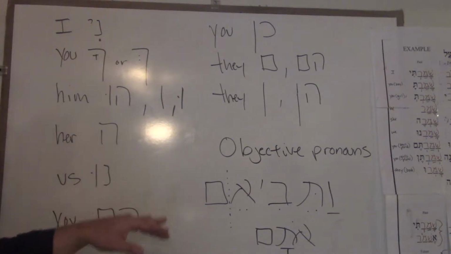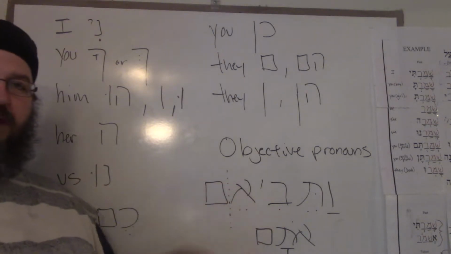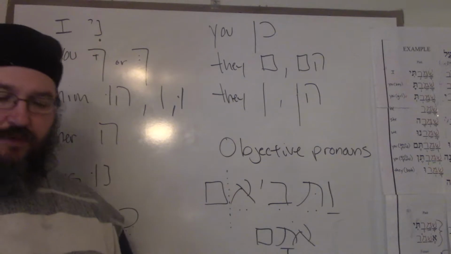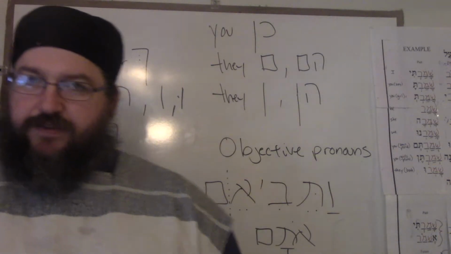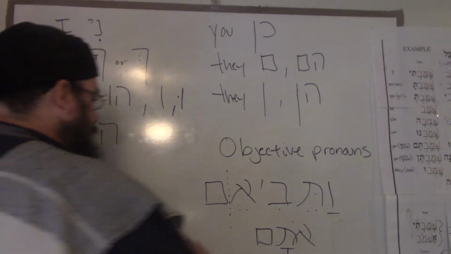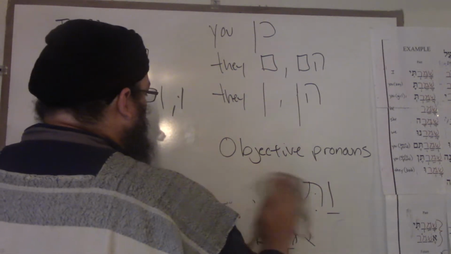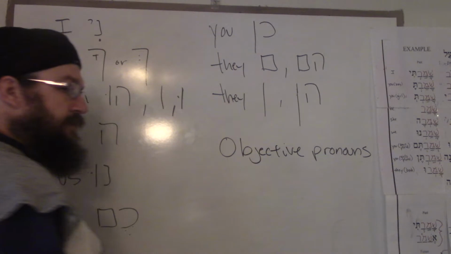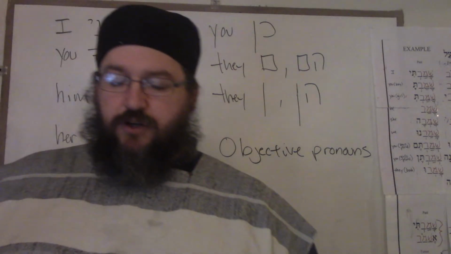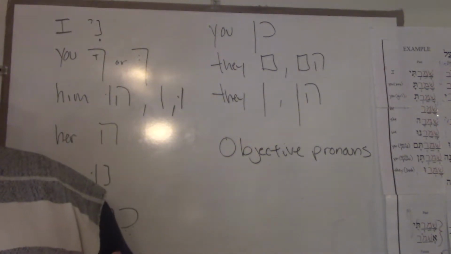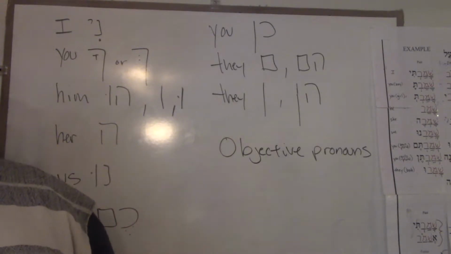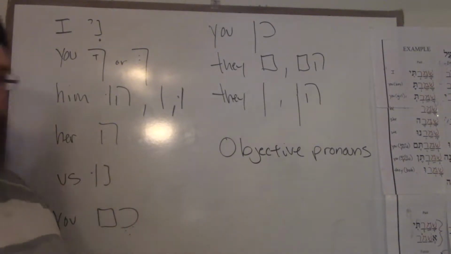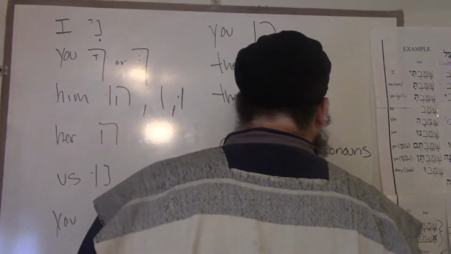Vativ otam, and you shall bring them, or and you brought them, okay? And we have to continually keep doing this over and over again, because as you become more familiarized with the objective pronouns which are attached to verbs, you'll begin to feel more comfortable, knowing that this isn't as hard as you thought, okay?